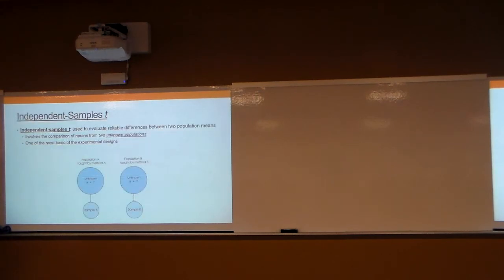So, just as a review, last semester we talked about independent sample t-tests, right? So we're looking at differences between two population means. The idea is that we have two unknown populations whose parameters we don't understand.